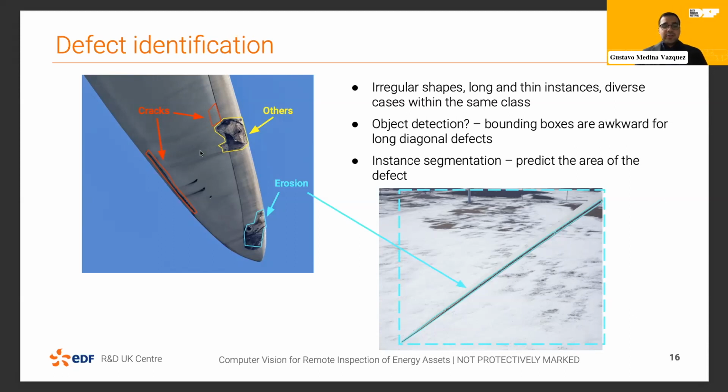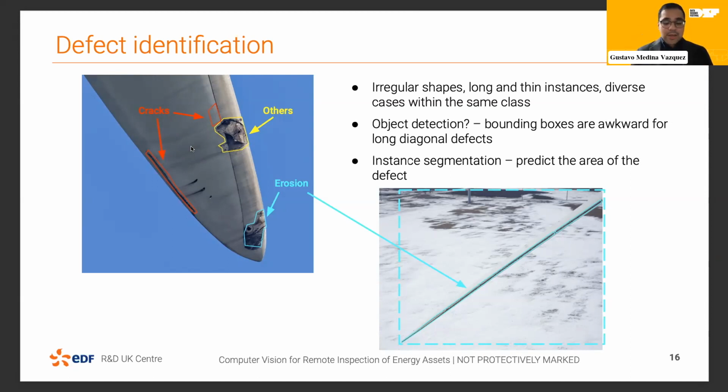Now, this is also a challenge because this is telling us that not only do the different types of defects look different from each other, but also within the same class, cracks can look very different from each other. So we have to take that into consideration.